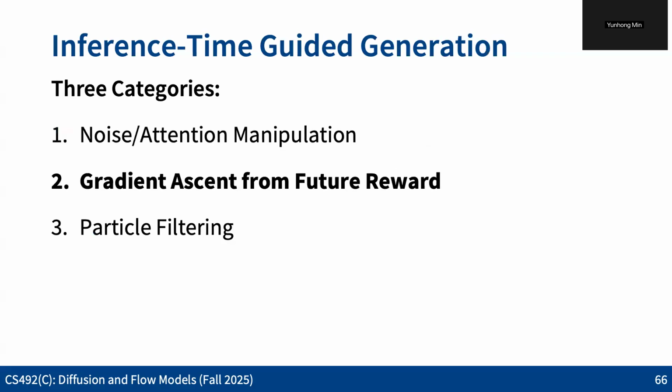So, if I go back to the slide, the title that I had for this second class of techniques was gradient descent from the future reward. But I didn't say anything about the reward here, right? And also the question might be that I explained all the things based on the DDPM formulation that we discussed from the beginning of this class.